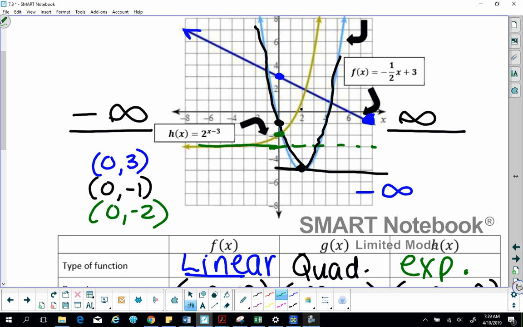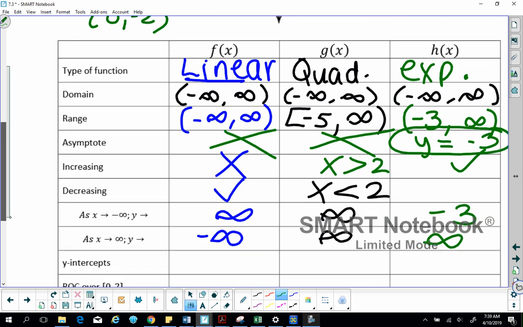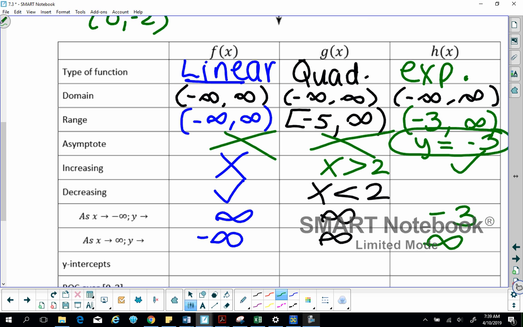What's one similarity between them all? When you're looking at all these, what's one similarity that they all have? Anyone find it?